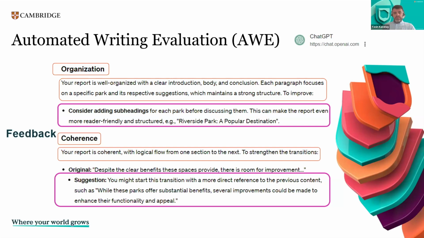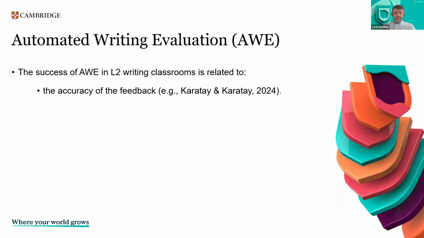question: how should we approach this in our classroom? So in terms of the success of AWE in second language writing classrooms, research suggests that this is related to the accuracy of the feedback you receive from the tool.